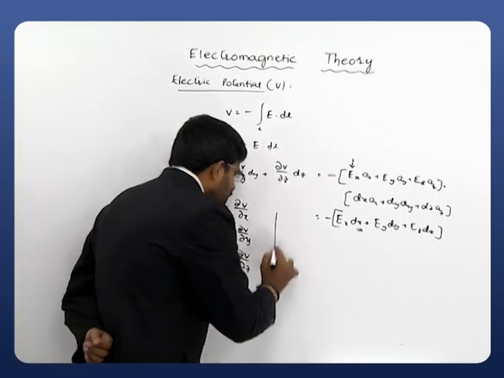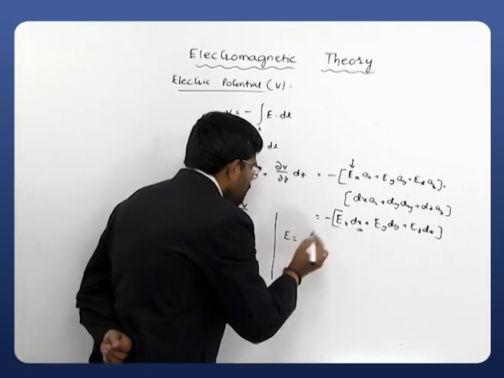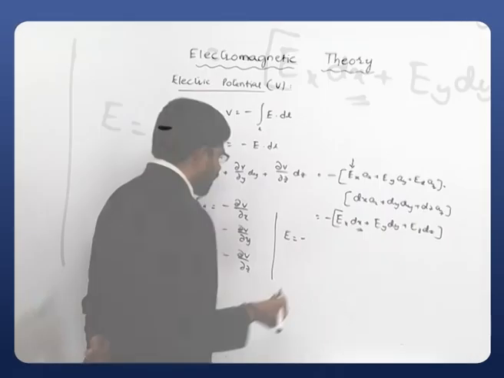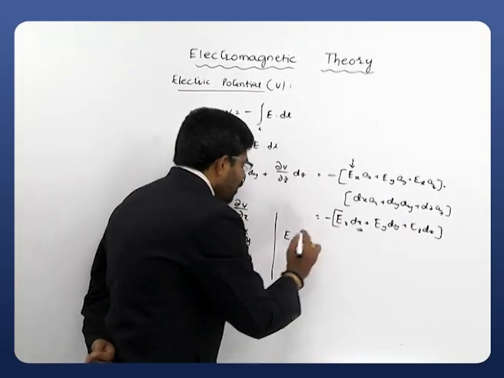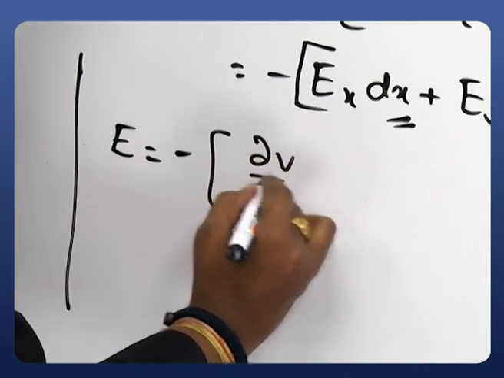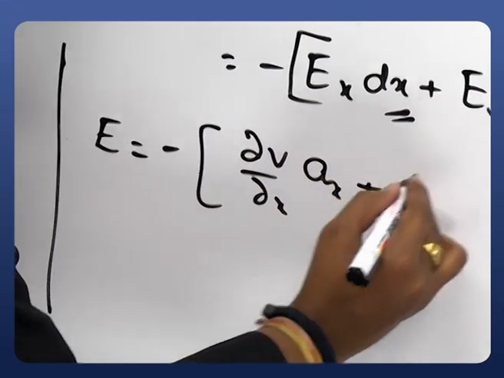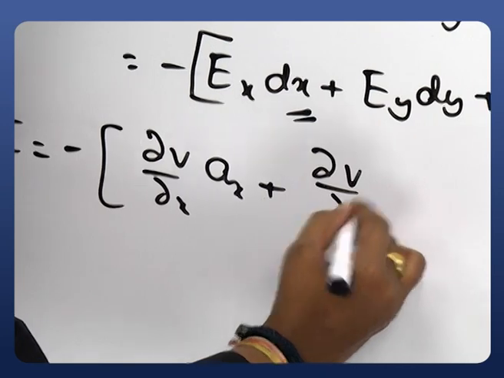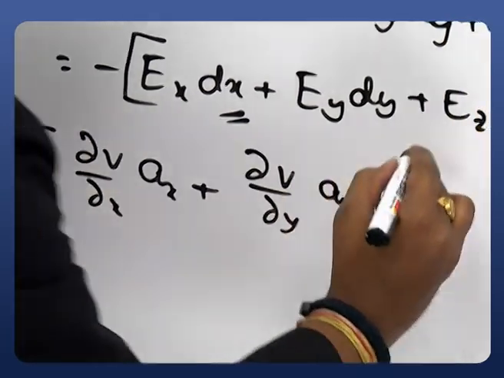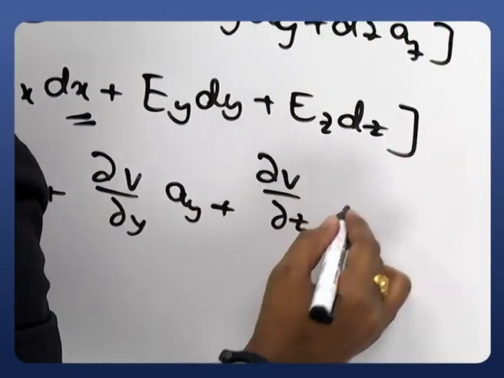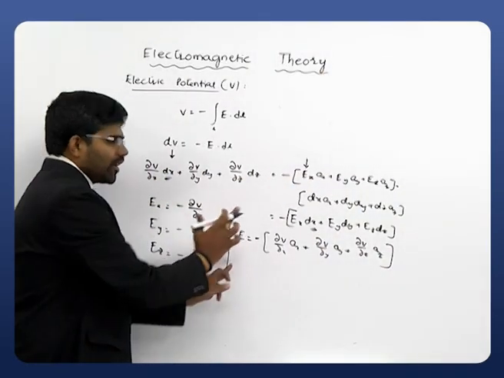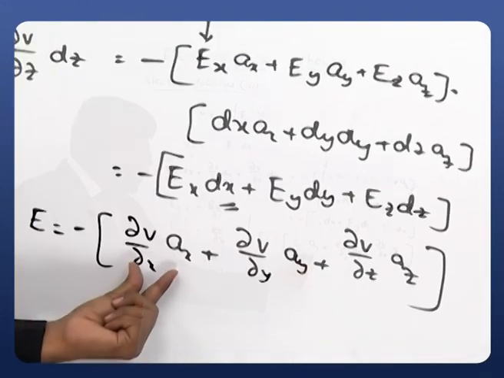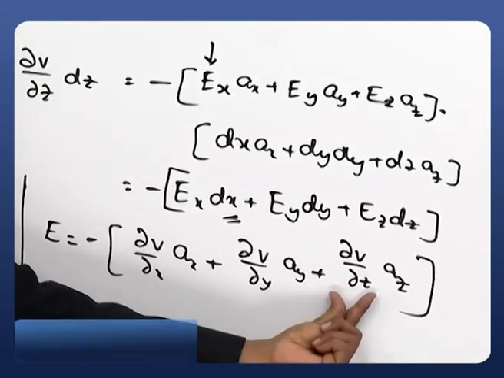So the electric field intensity equation can now be written as E is equal to minus of, I took the minus common, dou V by dou x Ax plus dou V by dou y Ay plus dou V by dou z Az. So the entire minus I took common here. So E is equal to Ex Ax plus Ey Ay plus Ez Az.